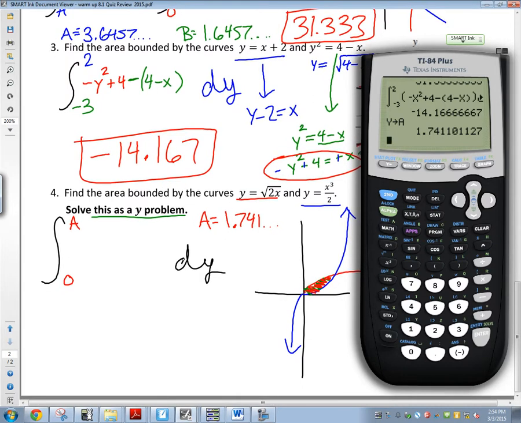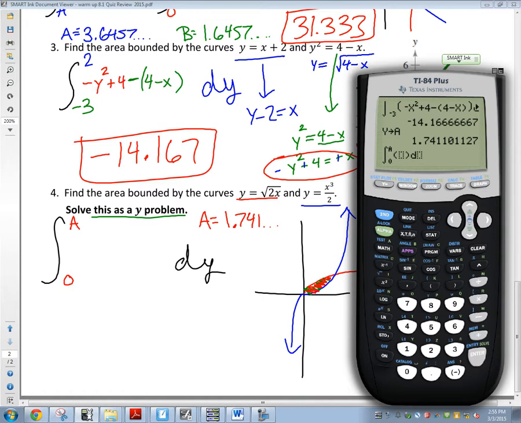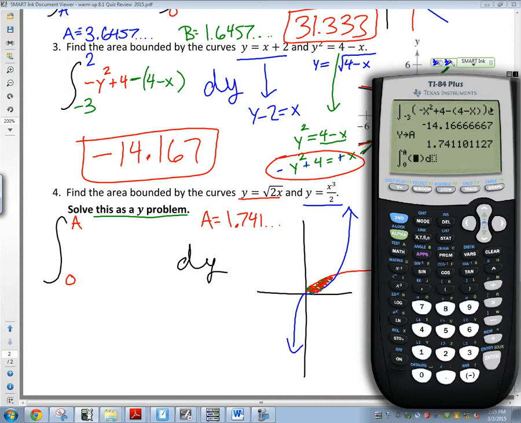The next thing I got to do is decide which equation. So we're going to set this up, math 9. I want to go from 0 to a. I want to type in, in this case, the right equation and then the left equation, since I'm evaluating it in terms of y. In this case, the right equation is the S-curve graph. The blue curve is to the right, so I want to start with this one.